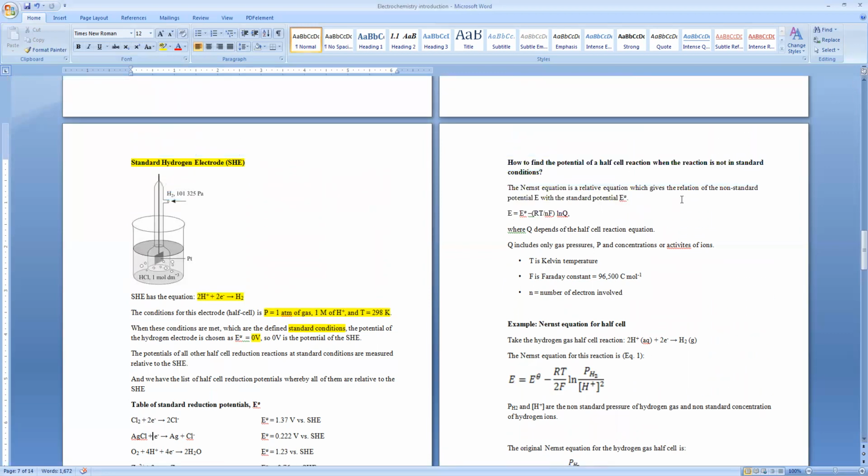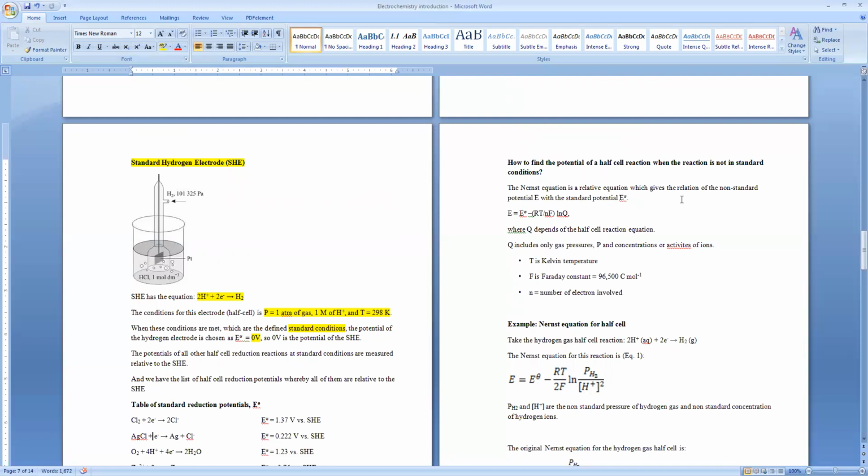So now the question is, how can we find the potential of a half cell reaction when the reaction is not in standard condition? There is a method to calculate the potential of the non-standard reaction by using the Nernst equation.